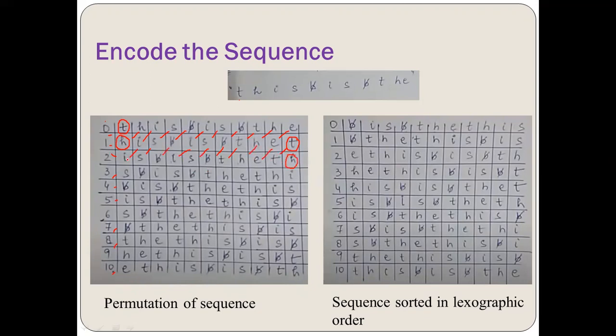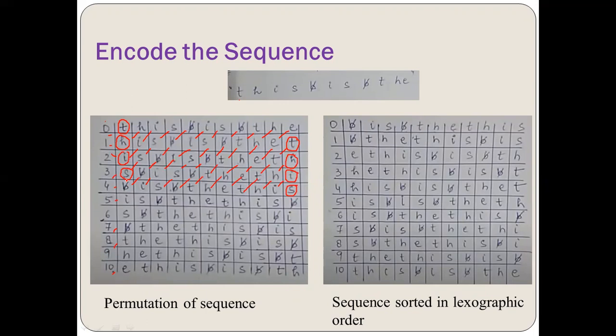So this is how we form the cyclic form, because this was the first step. Now again, this I will move to the last position in the 3rd row, and again the same sequence will follow: S, B bar, I, S, B bar, T, H, E, T, and H. Now further, S will move to the last position in the 4th row, and again the same thing: B bar, I, S, B bar, T, H, E, T, H, and I will be here.